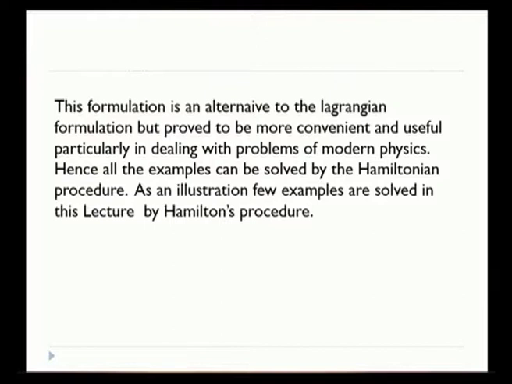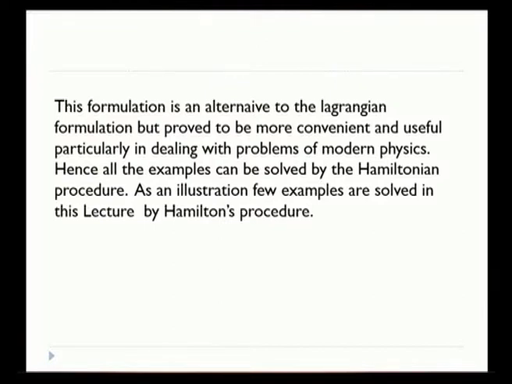Many parameters are involved to understand the molecules. So, in such cases, this Hamiltonian is very useful. Hence, all the examples can be solved by the Hamiltonian procedure. In this lecture, we will be solving a few examples based on Hamiltonian procedure.